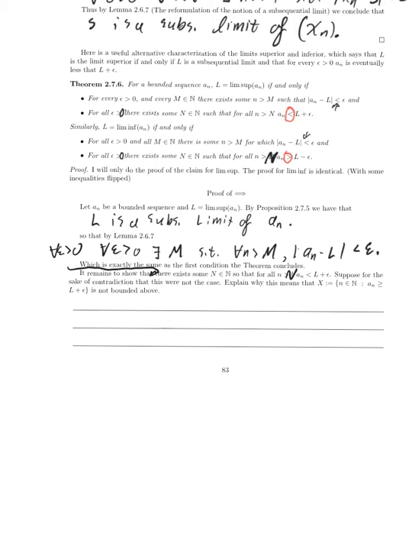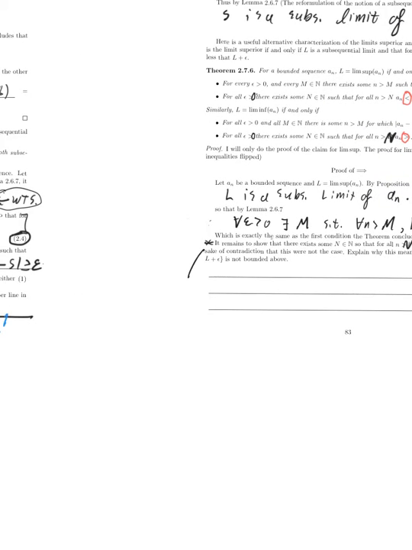I claim that this set is not bounded above, and let's even try to explain why. In fact, I want to change this a little bit more. I don't want to put that for all epsilon. I would rather say, consider any epsilon bigger than 0.